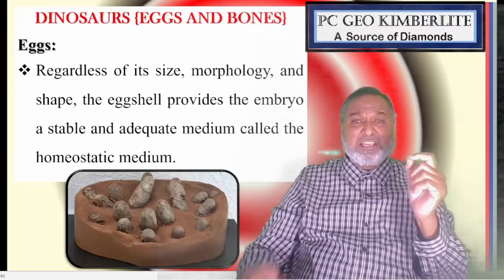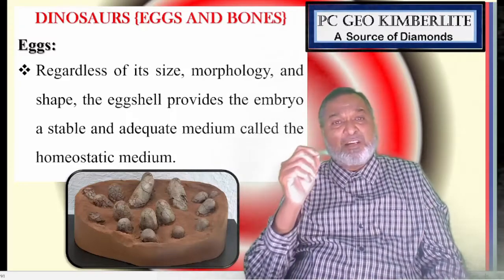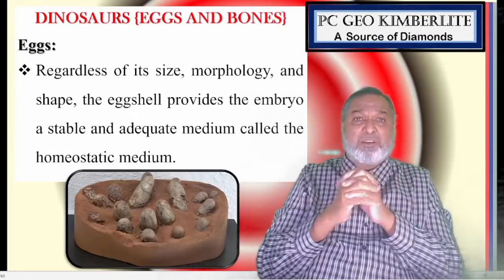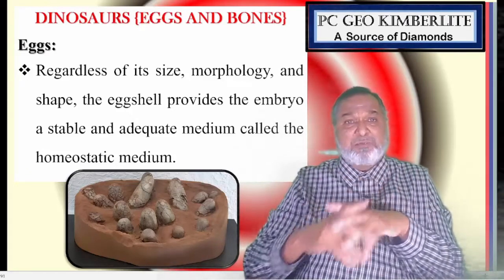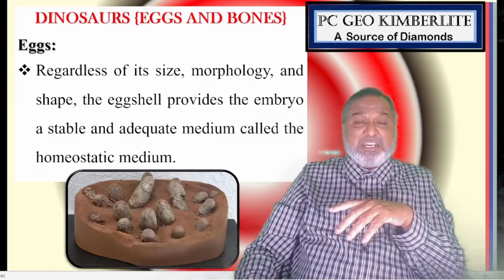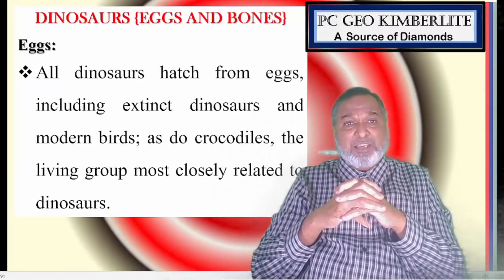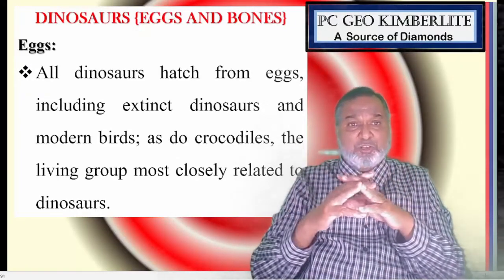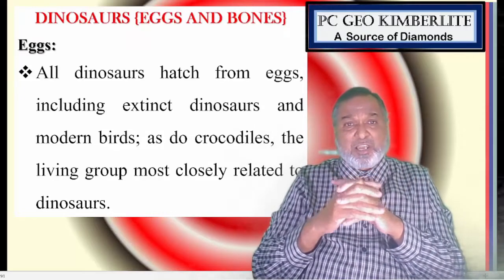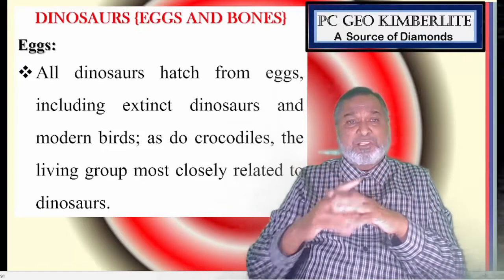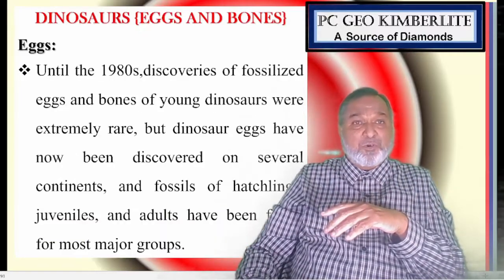Regardless of size, morphology and shape, the eggshell provides the embryo a stable and adequate medium, called the homeostatic medium. All dinosaurs hatched from eggs, including extinct dinosaurs and modern birds, as do crocodiles, the living group most closely related to the dinosaurs.